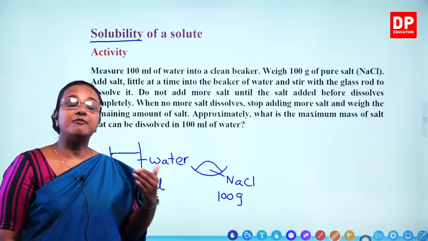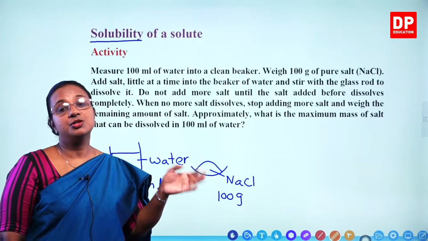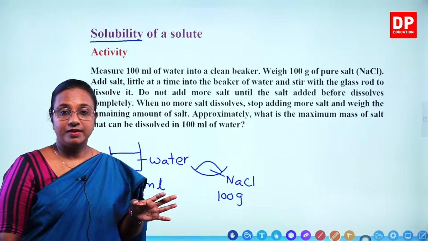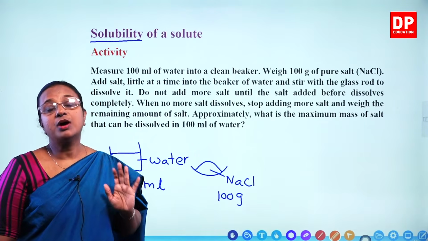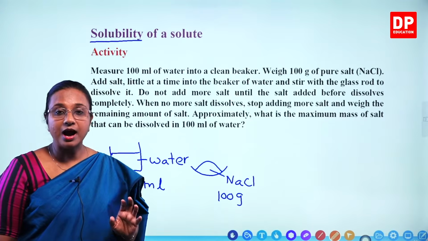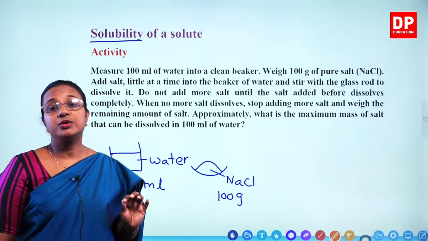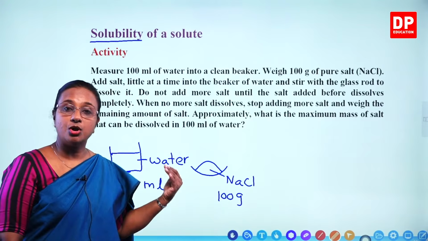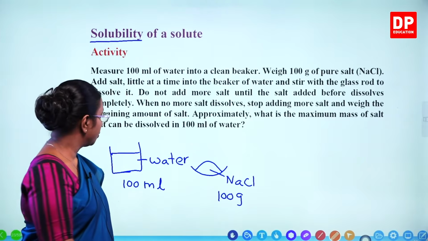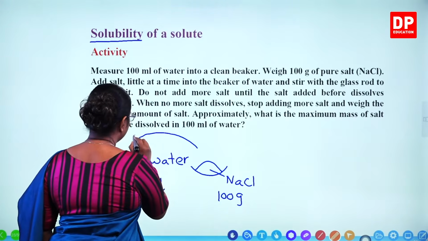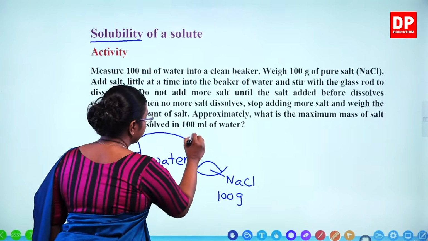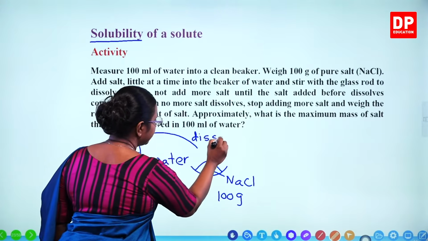Like that, you have to keep on adding salt and dissolving it until you come to a point where no more sodium chloride will dissolve in water. So, we add the sodium chloride into water and dissolve it.